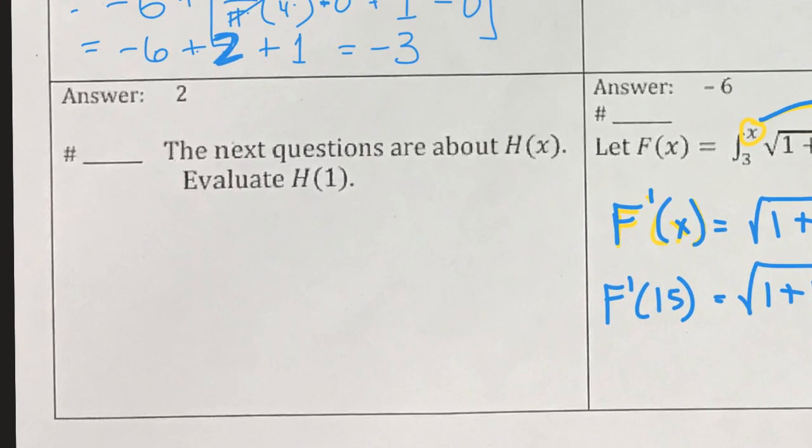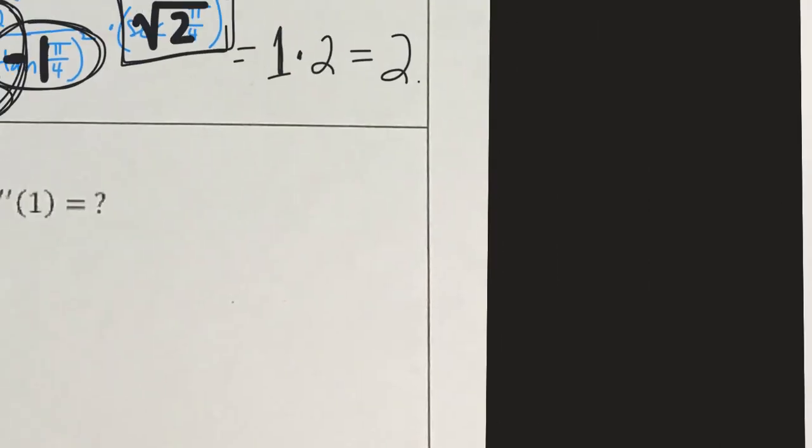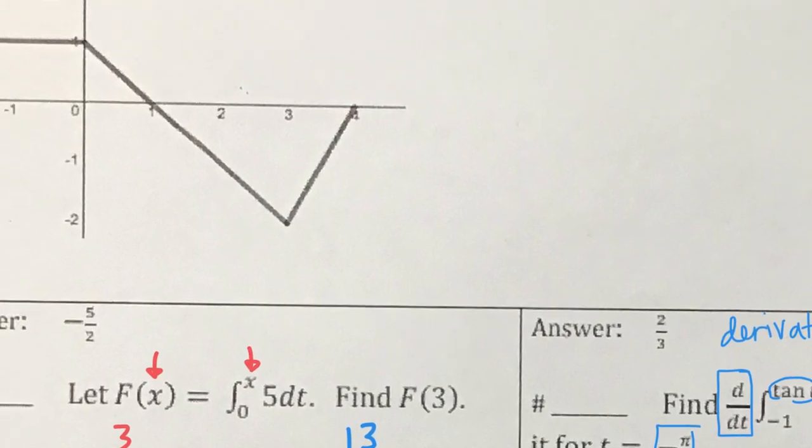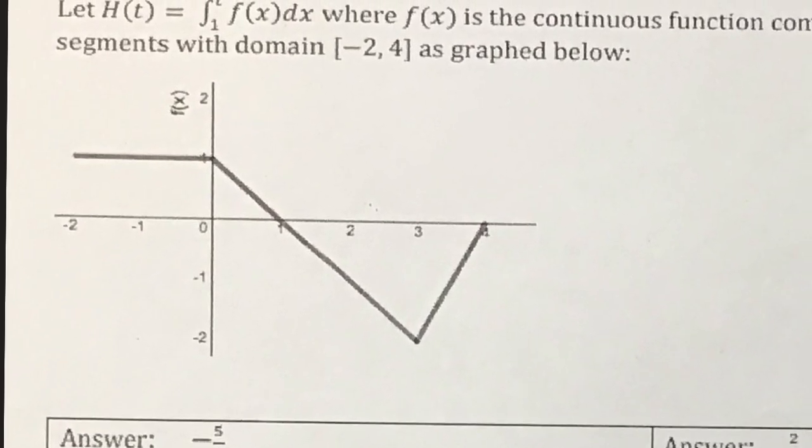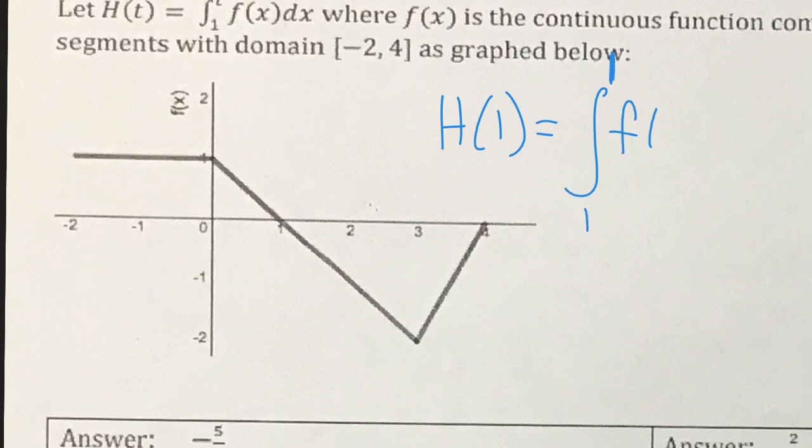The next questions are about h. So now we're going to go to our graph. We want to evaluate h of 1. So let me slide over here. H of 1 is the integral from 1 to 1 of our graph.